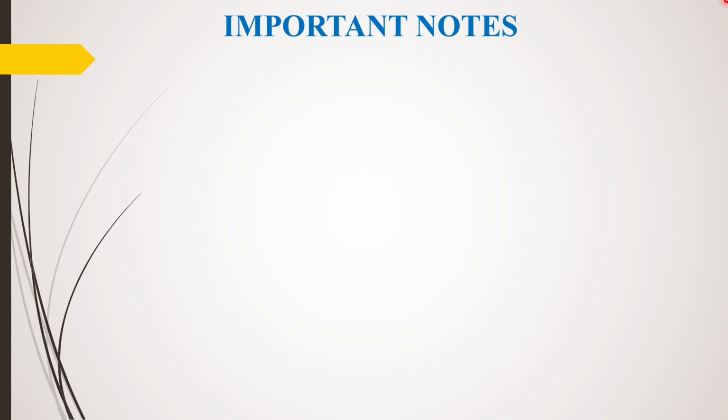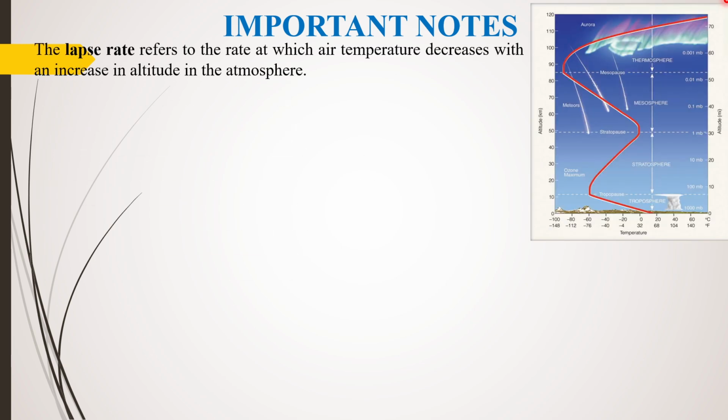Now we will look at some important definitions and notes to remember. We know air temperature decreases with an increase in altitude in the atmosphere. You can see, particularly in the troposphere, that with an increase in altitude, the air temperature decreases.